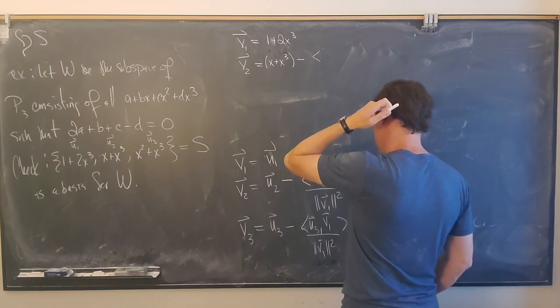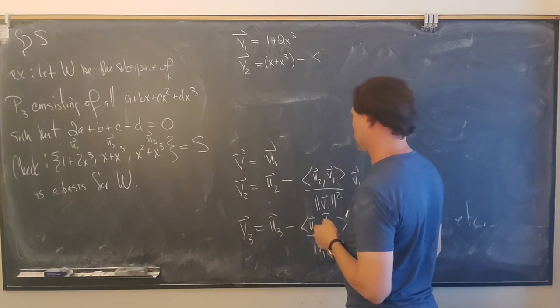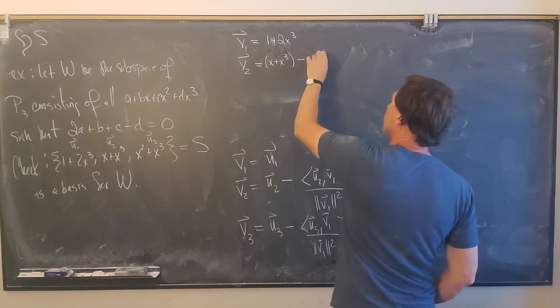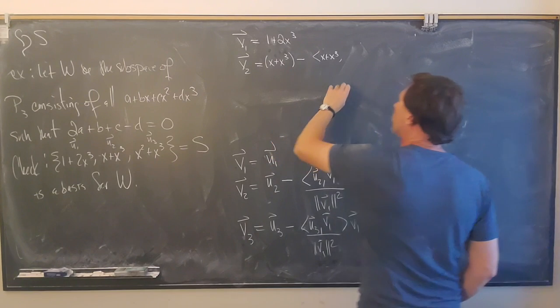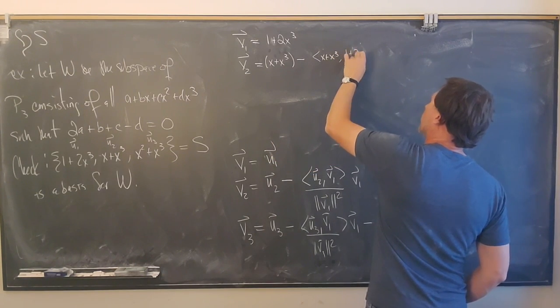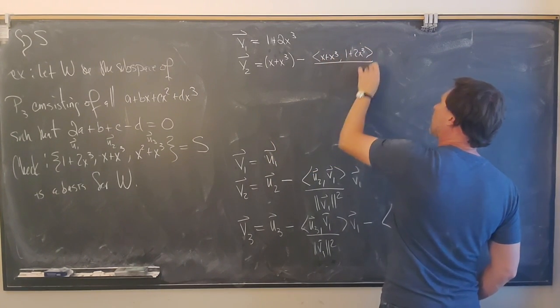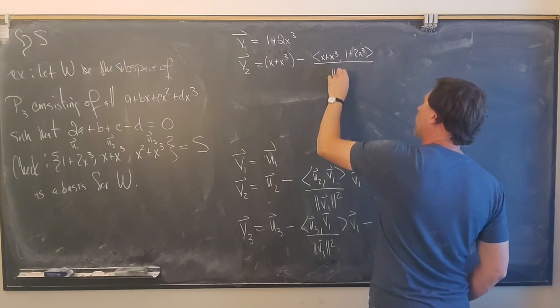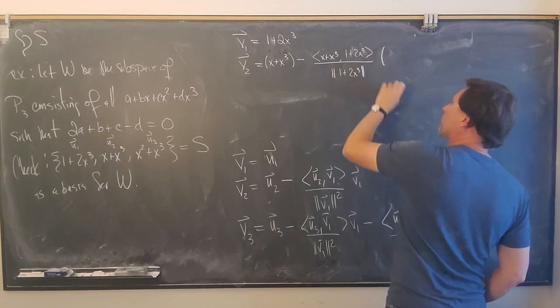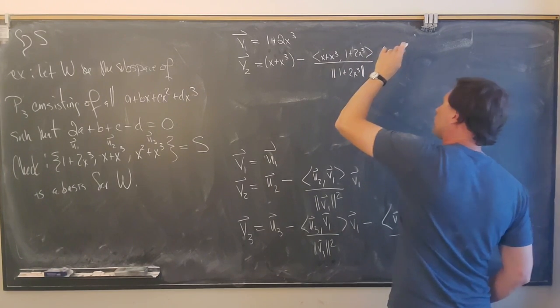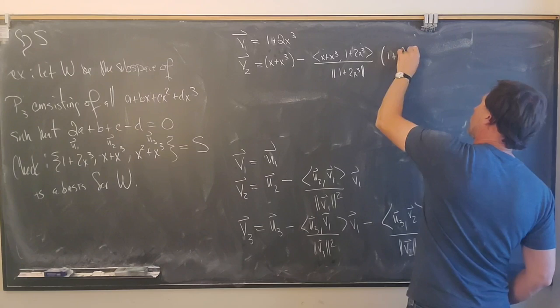U2 is x plus x cubed, inner product with V1, which is 1 plus 2x cubed, divided by the norm squared of 1 plus 2x cubed, times the polynomial 1 plus 2x cubed.